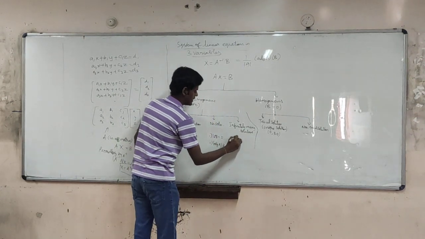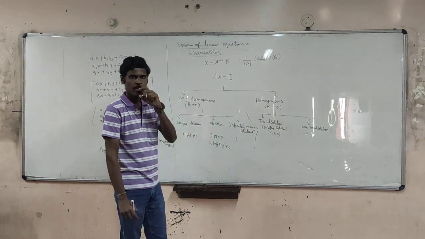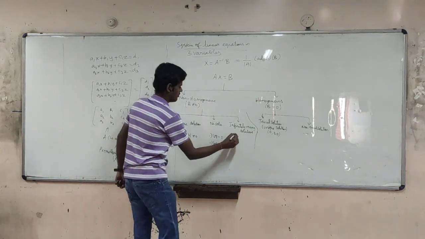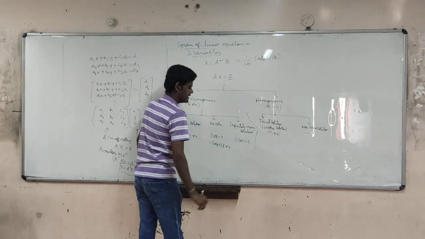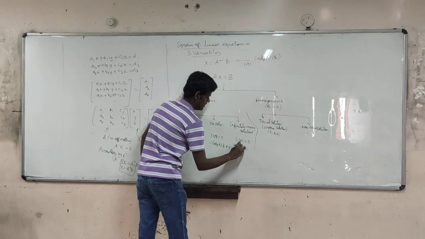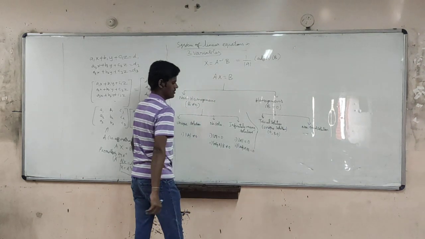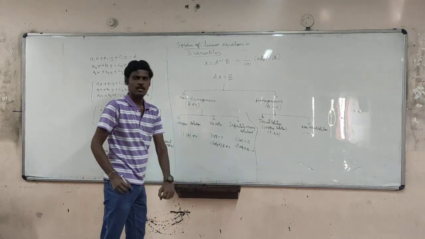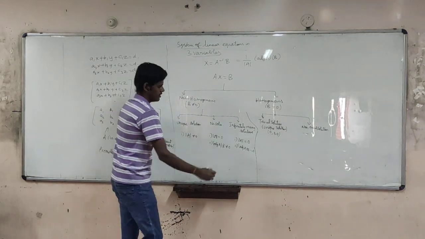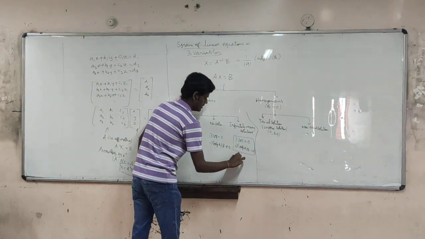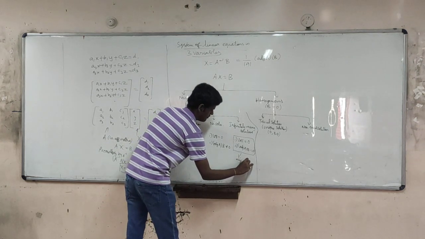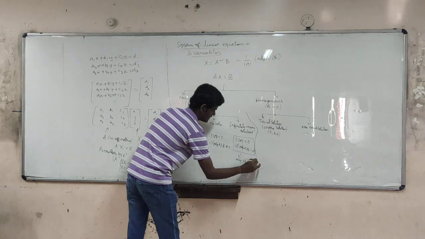And for infinitely many solutions, again the denominator should be 0 as well as the numerator should be 0. That means determinant A is 0 and adjoint A into B equal to 0. But this is not enough to say if the equations have a solution or not. This case may or may not be consistent.